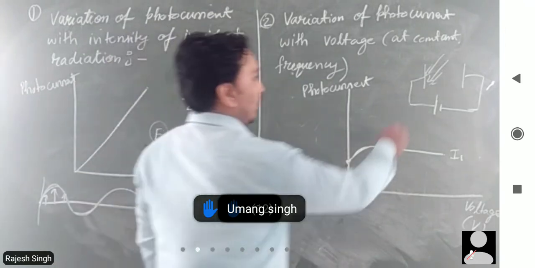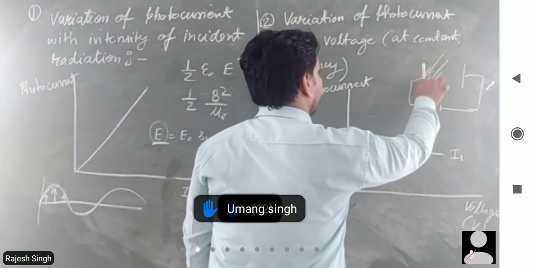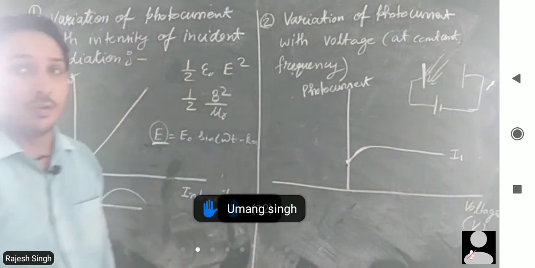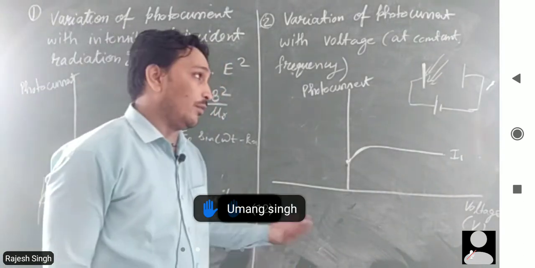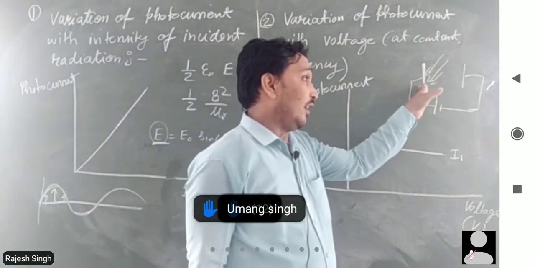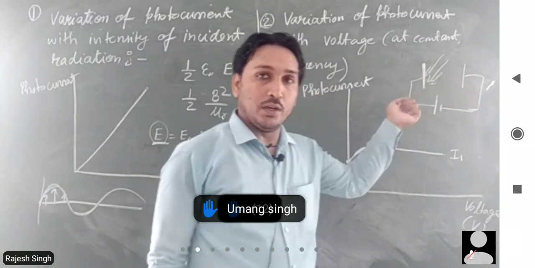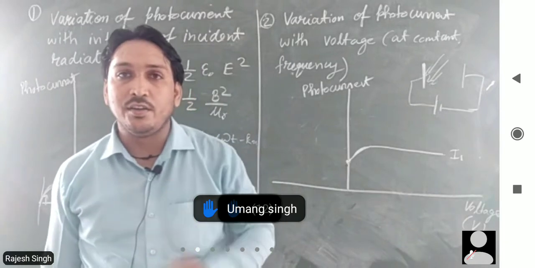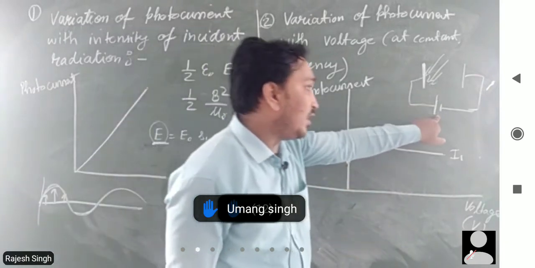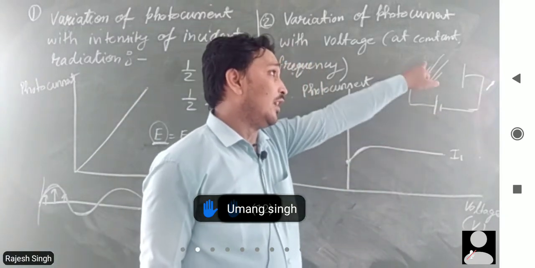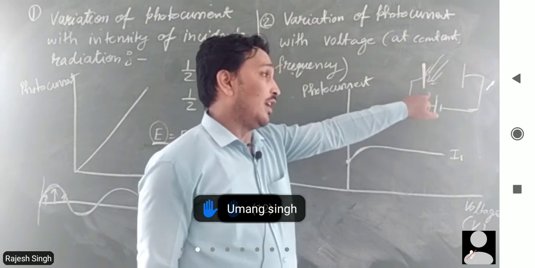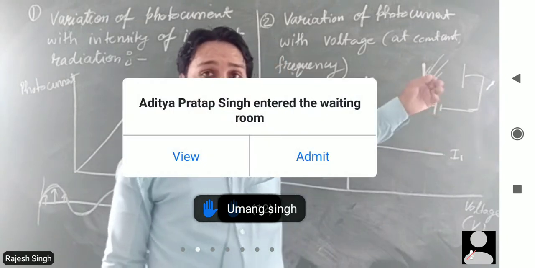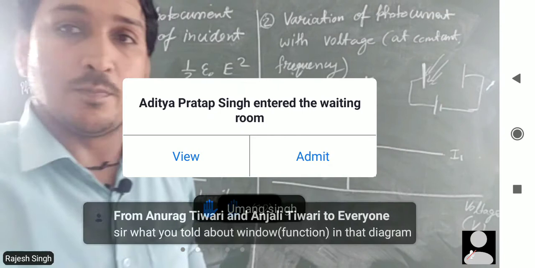Now this plate starts becoming positive, and it will not push electrons, it will pull electrons back. So current starts decreasing. As we increase this reverse voltage, electrons are pulled by this plate.